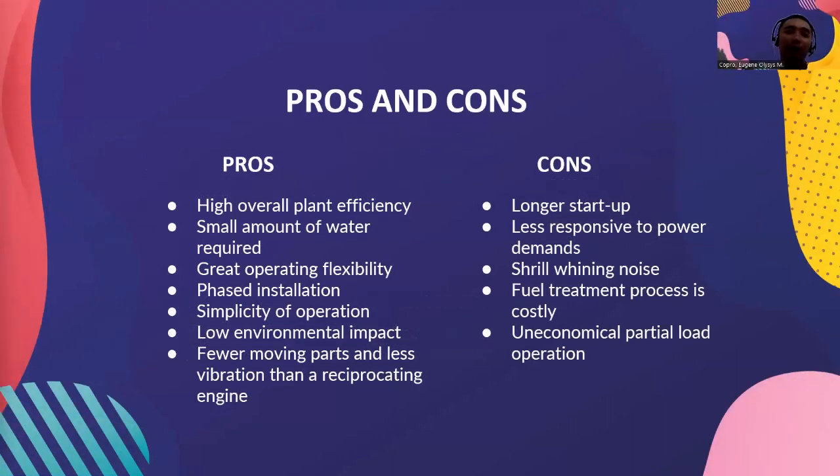Hi, I'm Eugene Olsis Copra, and I'm here to discuss the pros and cons of combined cycle power plant. And the number one pros is high overall plant efficiency. So, a combined cycle power plant has a thermodynamic cycle that operates between the gas turbine high firing temperature and the waste heat temperature from the condenser of the steam cycle.